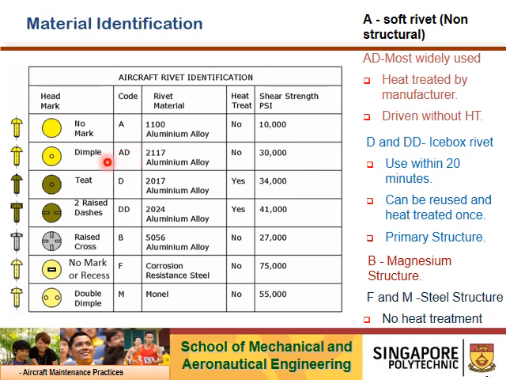The AD rivet is represented by a dimple or an indent on the manufactured rivet head. It's a 2000 series aluminum alloy. It can be installed directly without heat treatment, and the shear strength it provides is 30,000 psi. The next two rivets are very interesting. They are known as icebox rivets. They are D and double D.